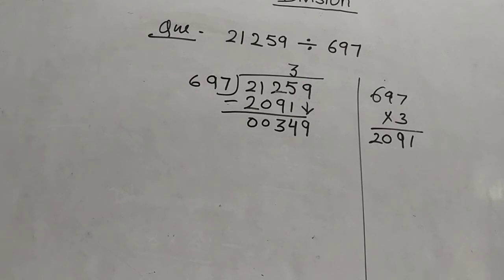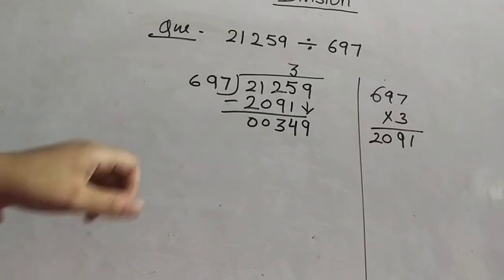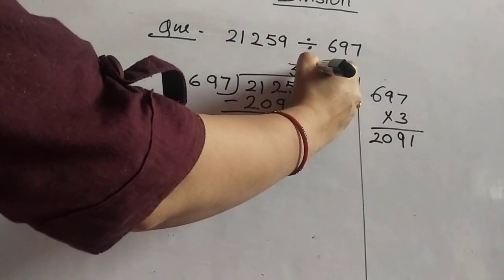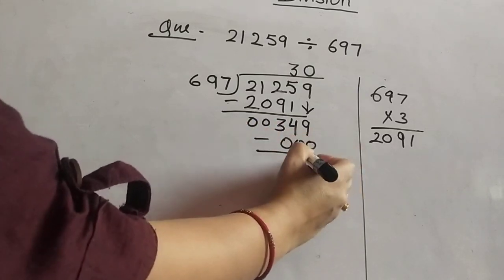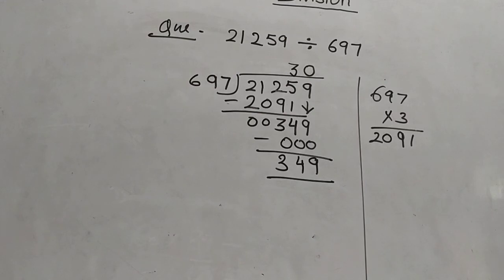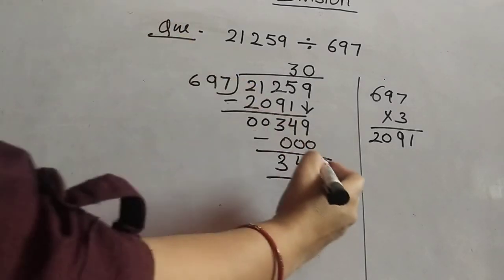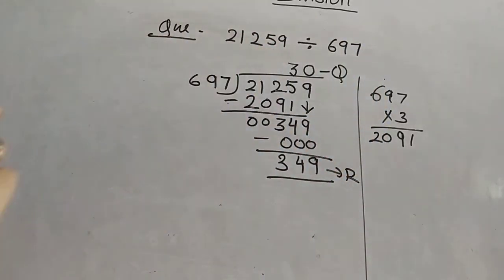Because we are bringing this 9 down, so we have to divide it. 697 0s are 0, we can take here. What is left? 349, which is the remainder of this question, and this is the quotient, divisor and dividend.